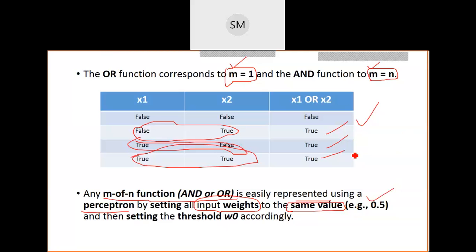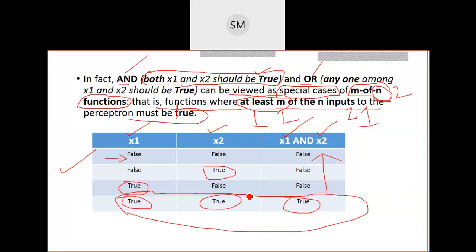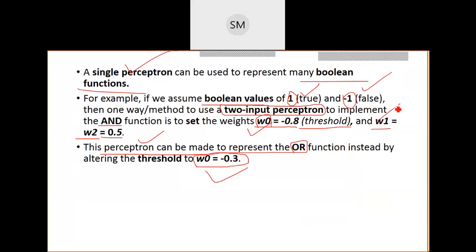Okay. And also, what we have to assign to the weight W0 depends accordingly. If you go back to this example, you can see W1 is 0.5 and W2 is also 0.5.